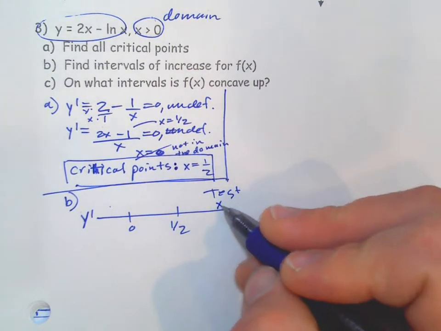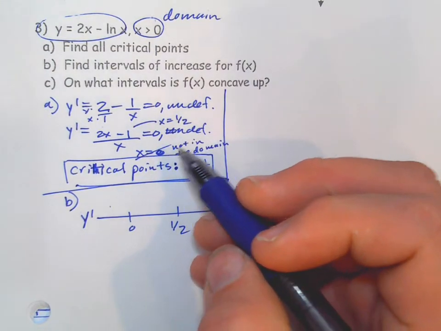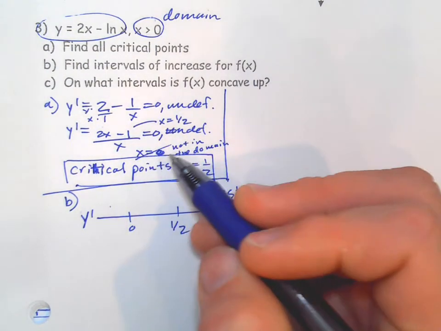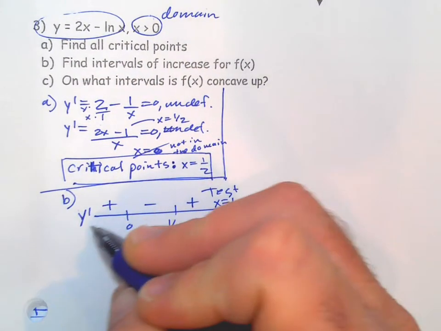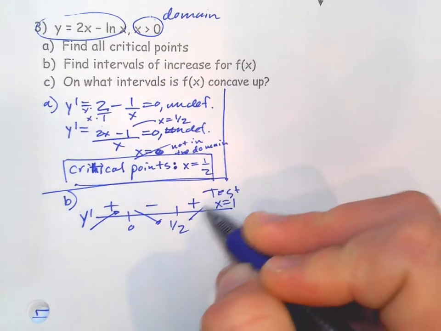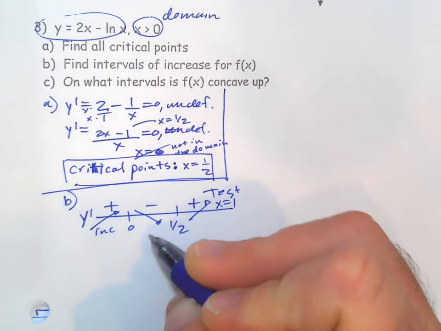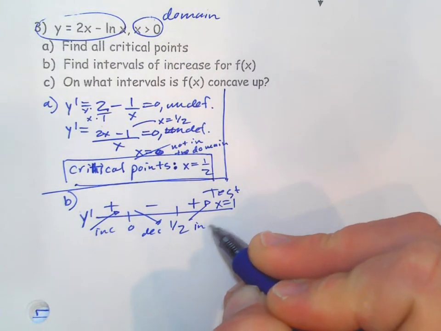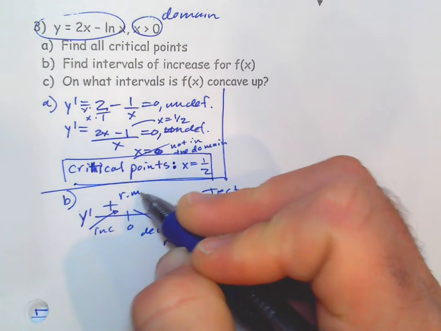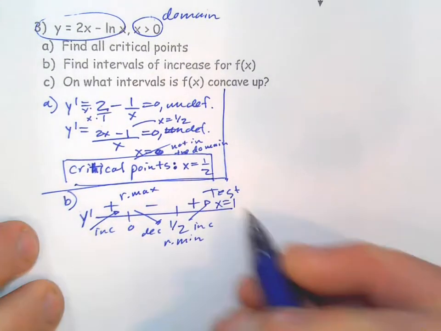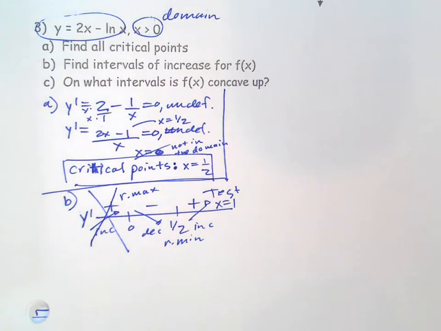I'm going to test 1, which is positive, negative, positive: increasing, decreasing, increasing, relative min, relative max. But for answers, I'm not going to consider that; I'm just putting it in my work.